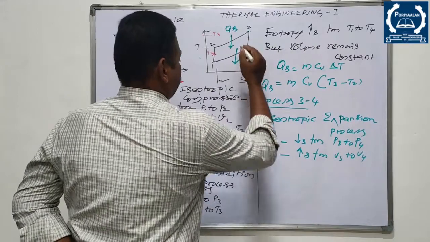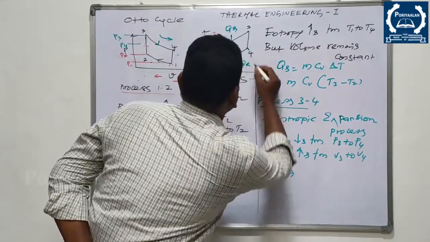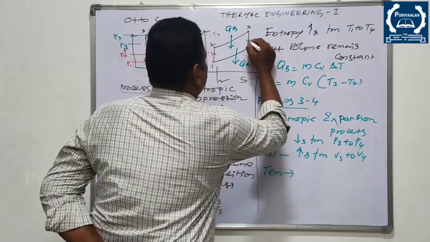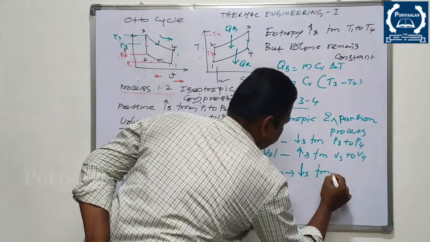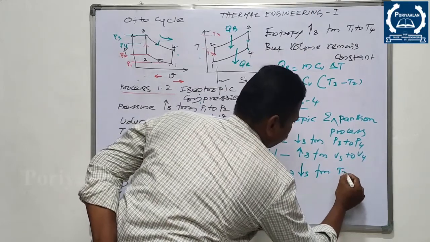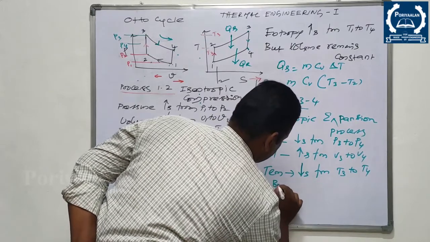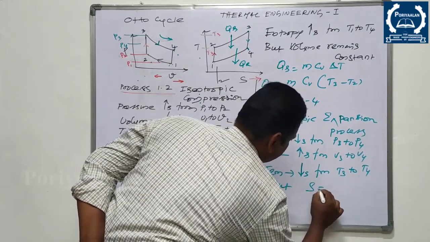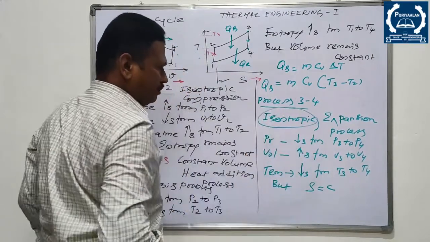And temperature, you can find out here, temperature decreases from T3 to T4, but entropy remains constant. That's the reason why we are naming it as an isentropic process.